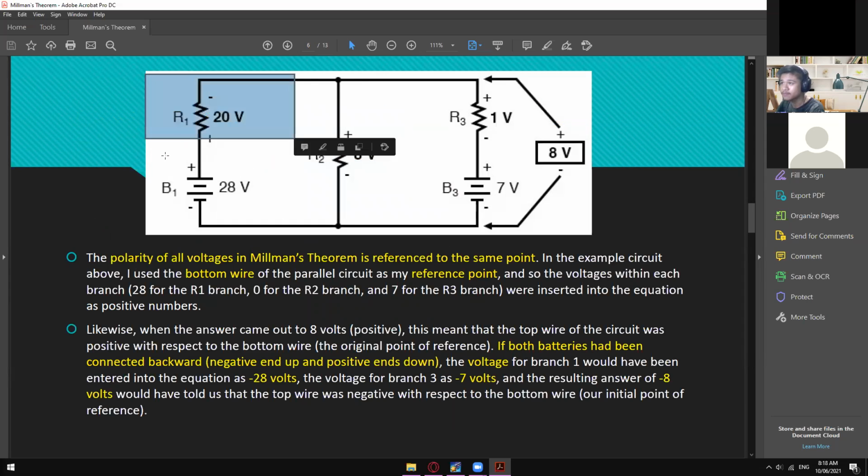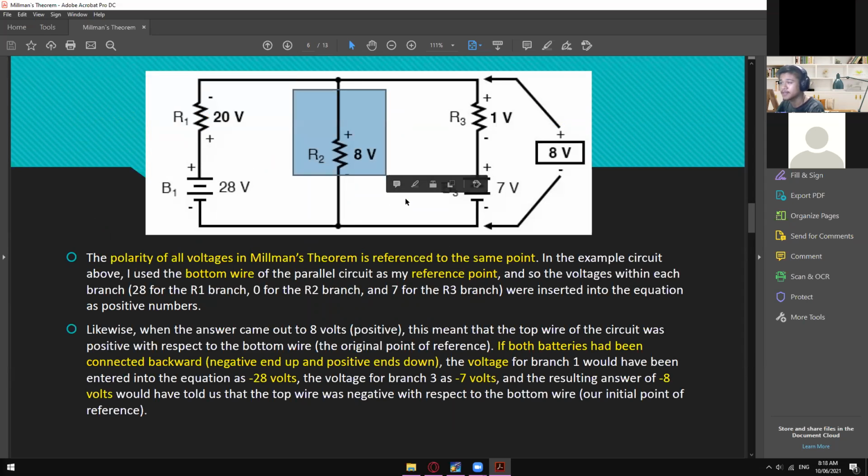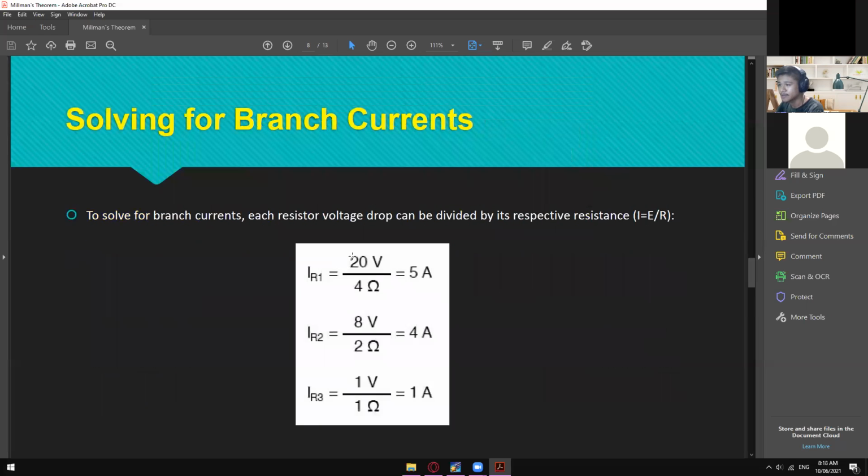So we have 20 volts potential voltage, 8 volts potential voltage, and 1 volt potential voltage. Just get those potential voltages and you will get the current that is flowing on each branch. Okay, just apply Ohm's law and you will get this one.